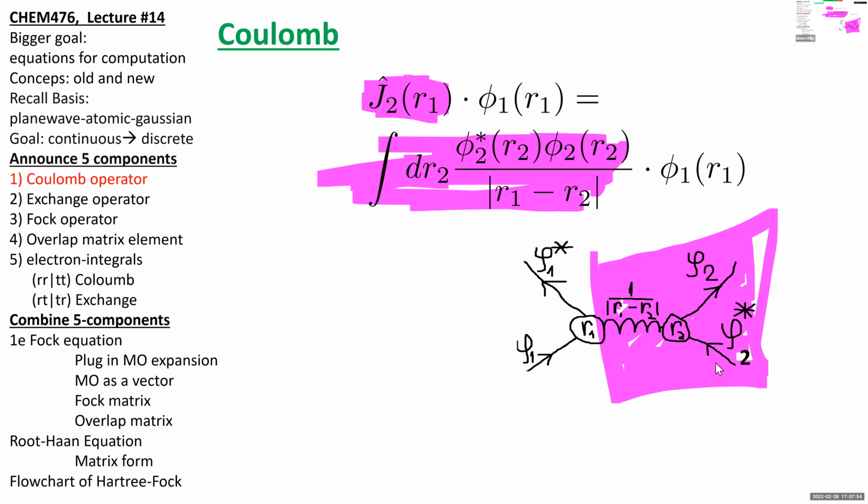So this is integration over R2. When we do this integration over R2, this purple thing will mean that it is something that acts on electron 1 and is symbolized by this operator J2.